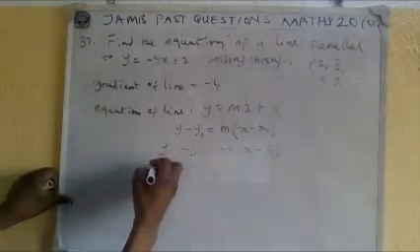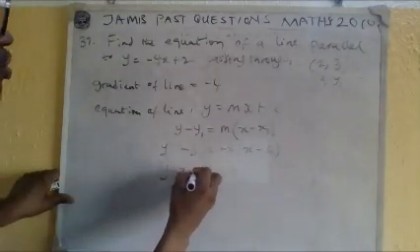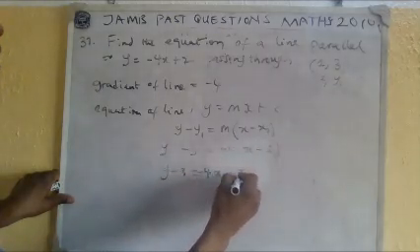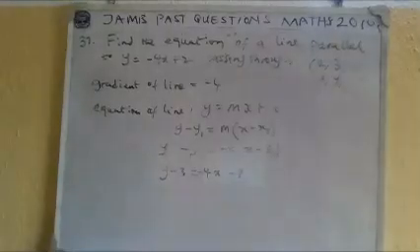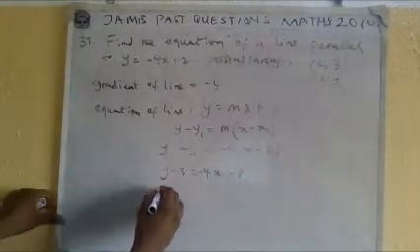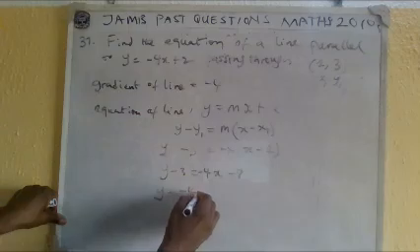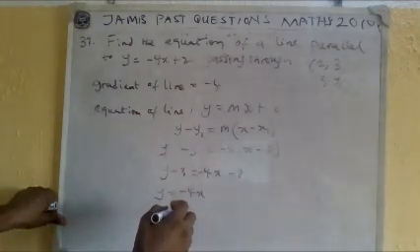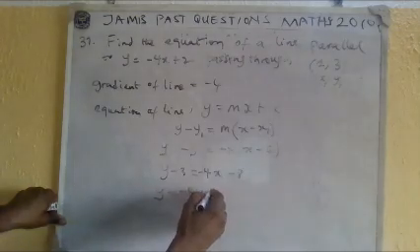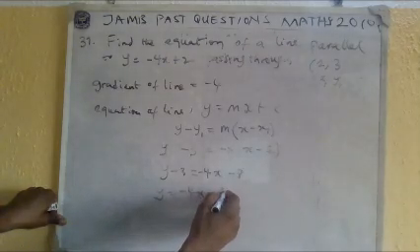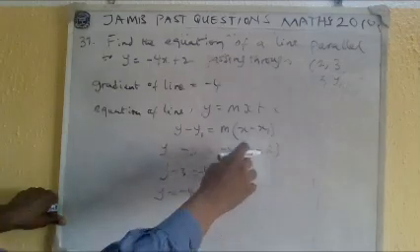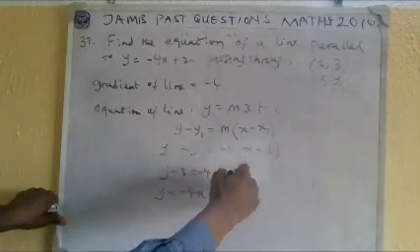We just open the brackets. Y minus 3 equals minus 4x, then this one is minus 8, because 4 times 2 is 8. So y equals minus 4x, then when it crosses, it now becomes, sorry, this is plus 8.